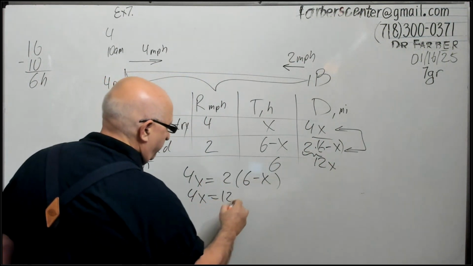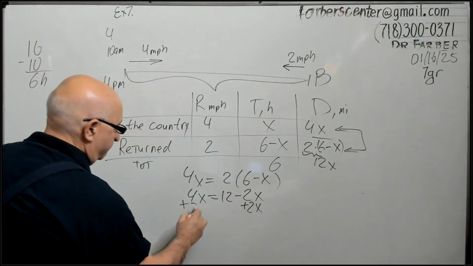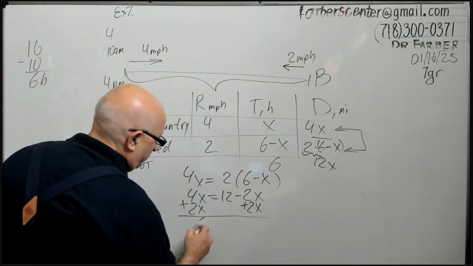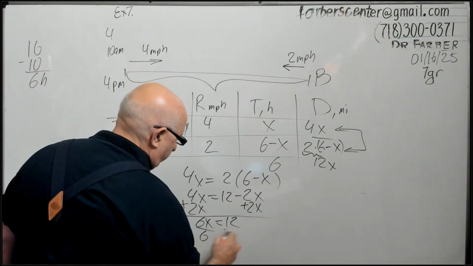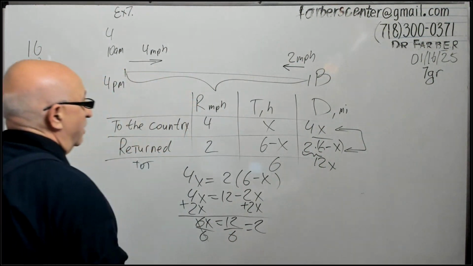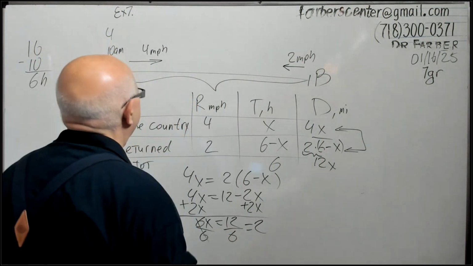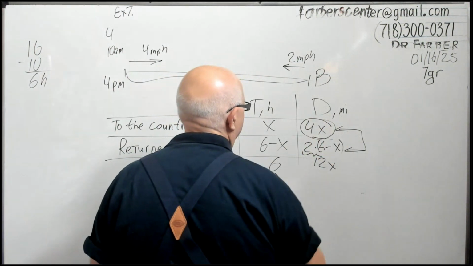4x equals 12 minus 2x. Plus 2x and plus 2x. 6x equals 12. Divide by 6 both parts. x equals 2 hours. What is the distance?